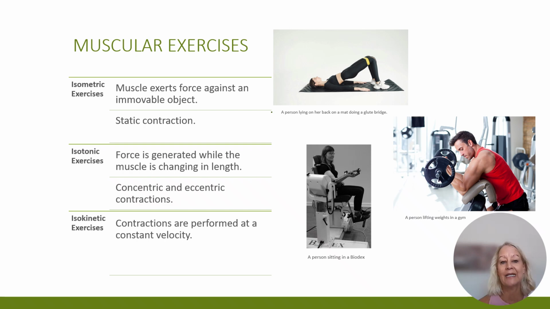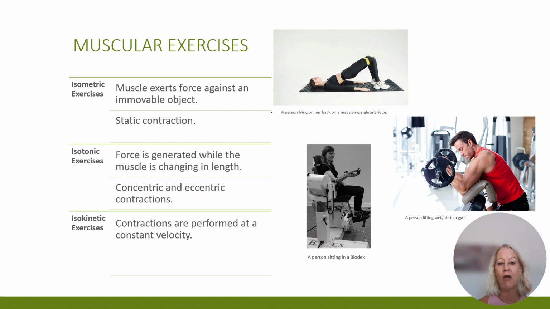And isokinetic exercises are contractions that are performed at a constant velocity. Kine, or kinetic, the first part, kin, means movement, and iso means equal, so it translates to equal speed.